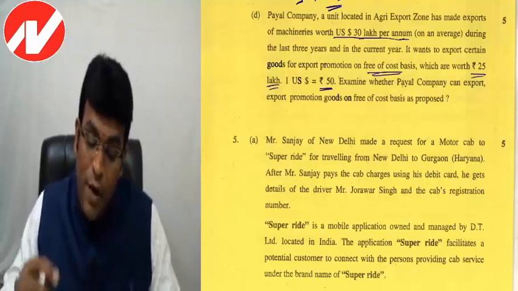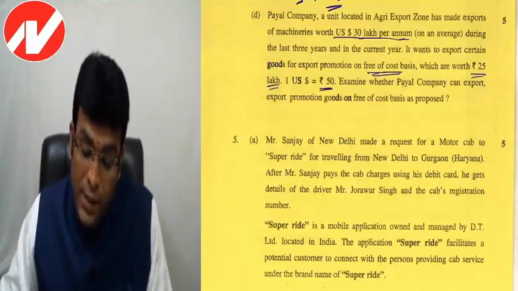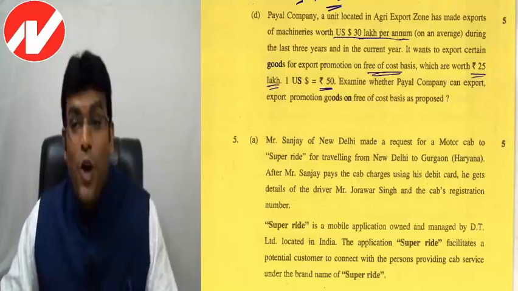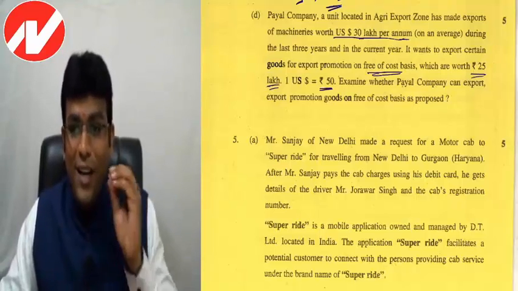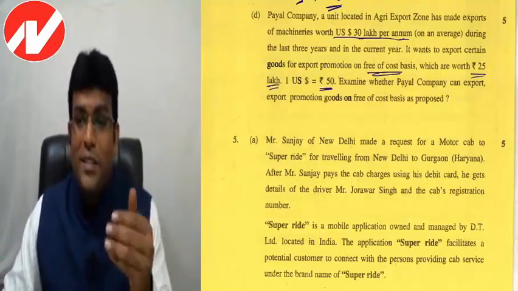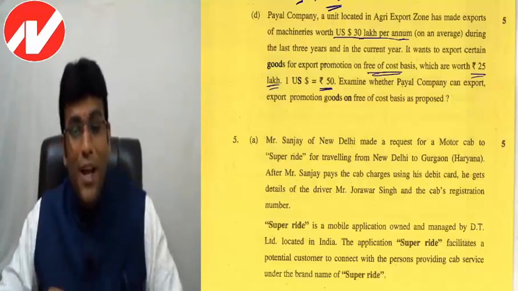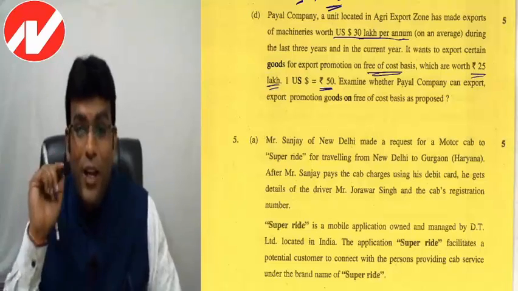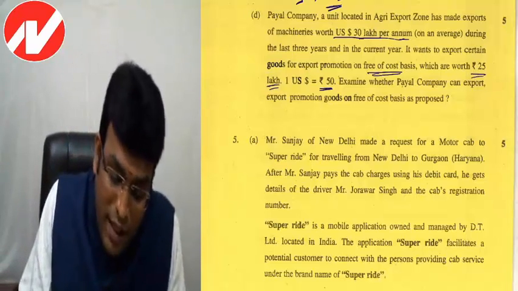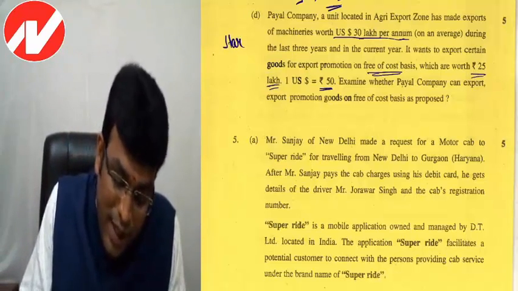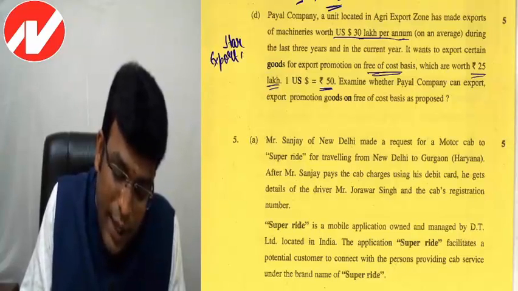US dollar is 50 rupees. Whether Pile can export promotion goods on free of cost basis. Sir, one line I'll tell you is that when they are doing $30 lakhs per annum, we look at something called star rating, otherwise called star export house.